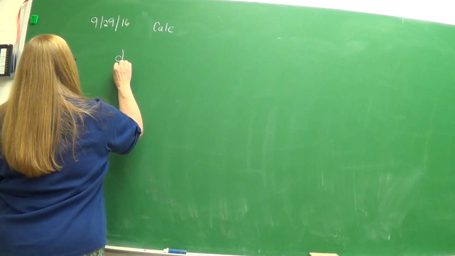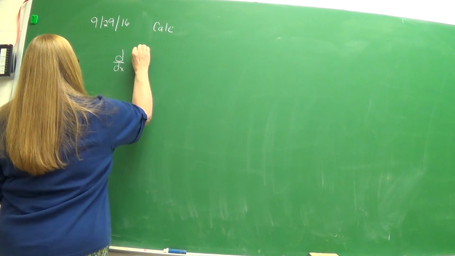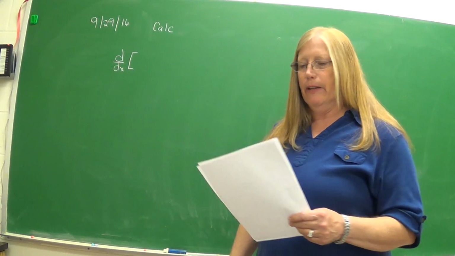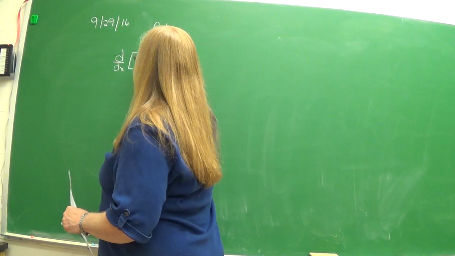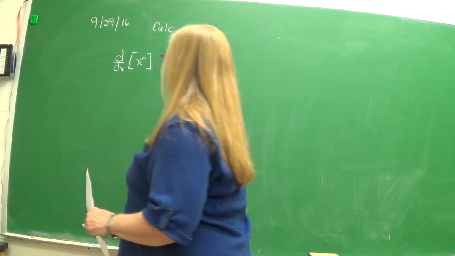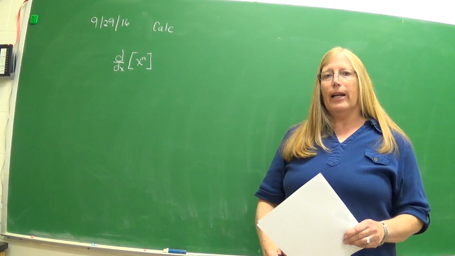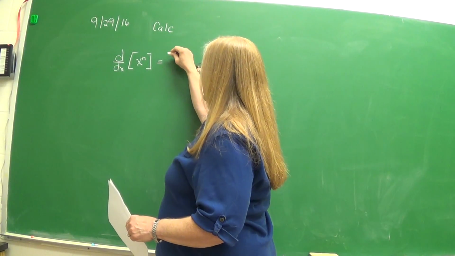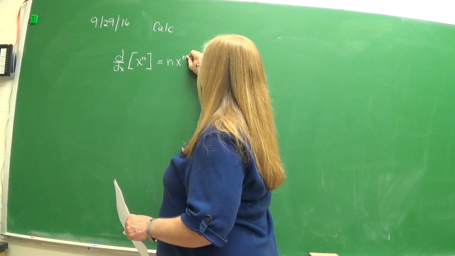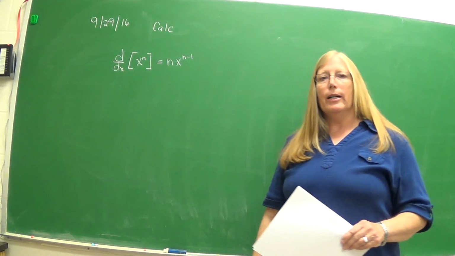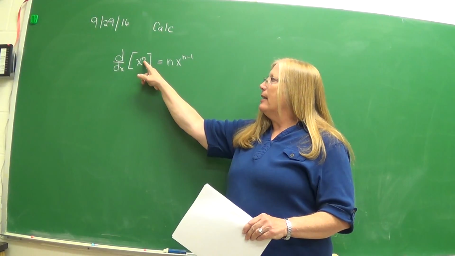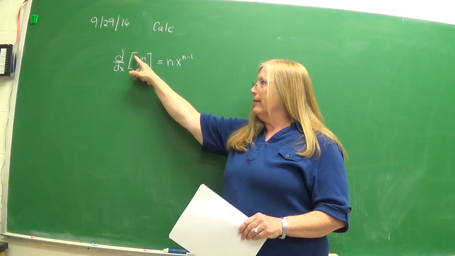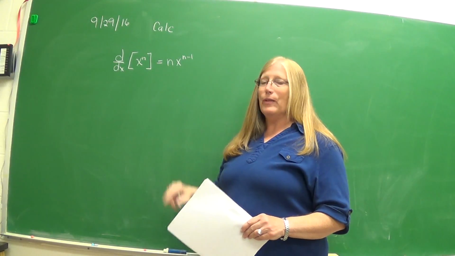And that says the derivative, remember d over dx is just a symbol for the derivative, of x raised to the n. So we have x raised to some number n. Then its derivative is n times x, and then the exponent reduces by 1. So basically the numerical exponent runs down in front and then it's reduced by 1.